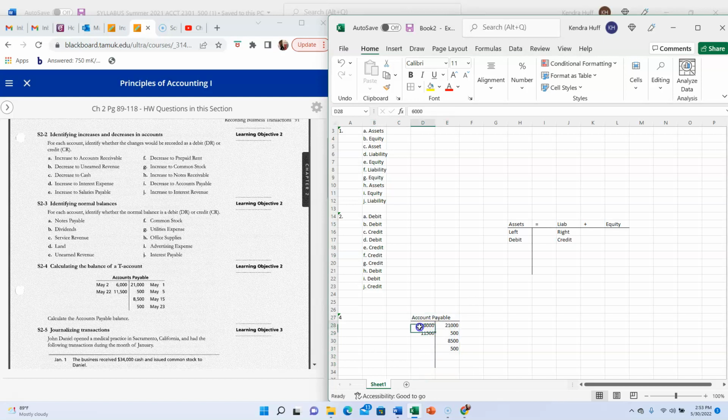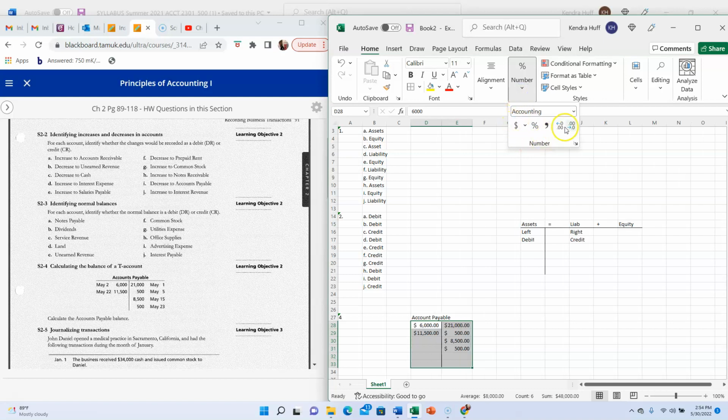Okay, so what I do is I add up each side. It's not just me, it's everybody does it. All right, so you add up each side. So you're going to do these two added together.